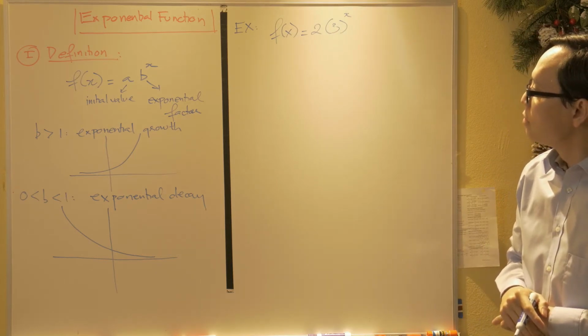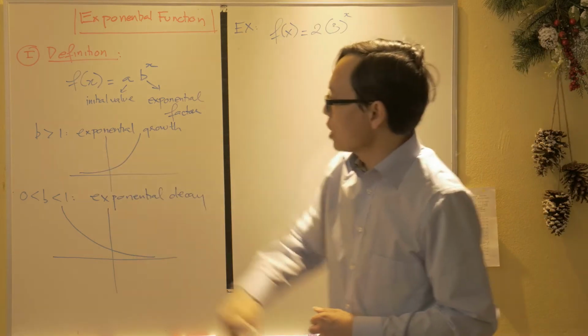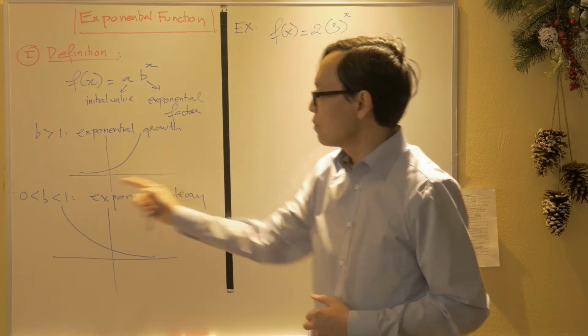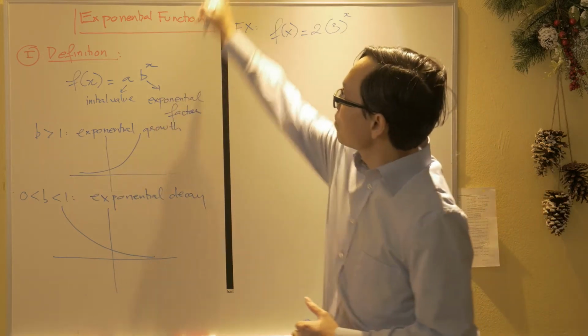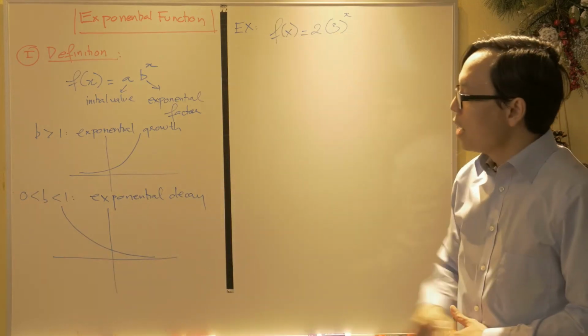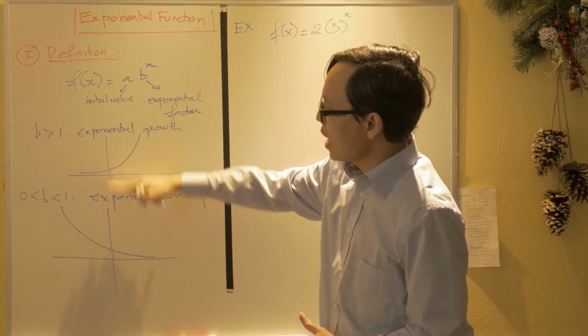Of course, we can also talk about the domain and range. If it's exponential growth, the domain is from negative infinity to positive infinity, because it keeps going up and keeps going to the left side. Our range is from 0 to infinity, but it does not include 0, because it doesn't have the lower part.